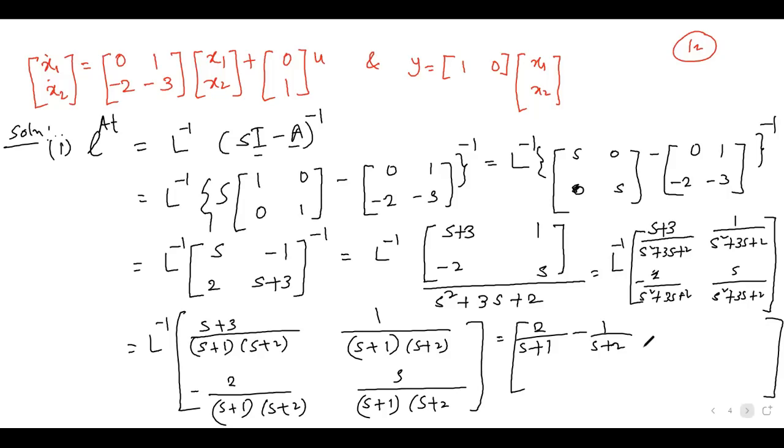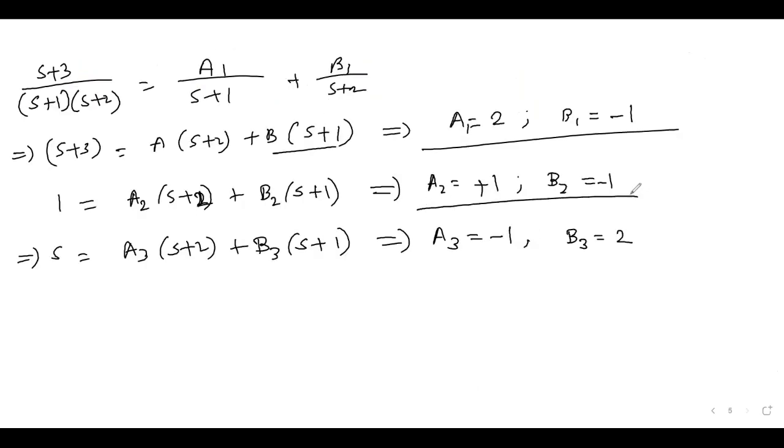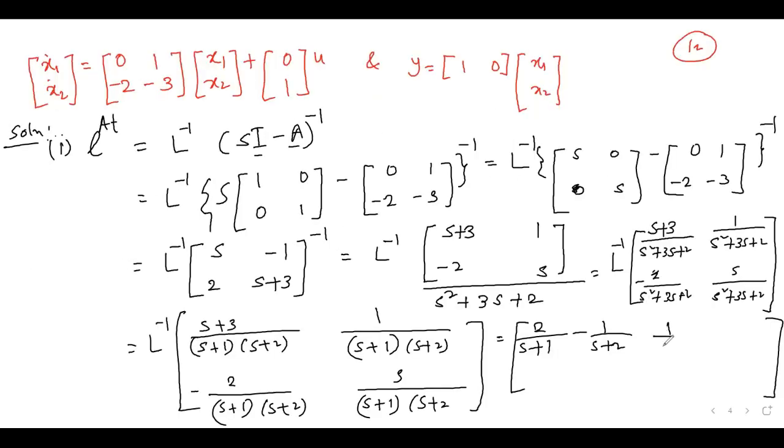Then this is 1 minus 1, so that is 1 by s plus 1 minus 1 by s plus 2. And this one is -2, so -2 by s plus 1 plus 2 by s plus 2.